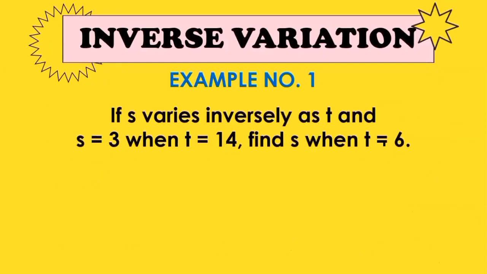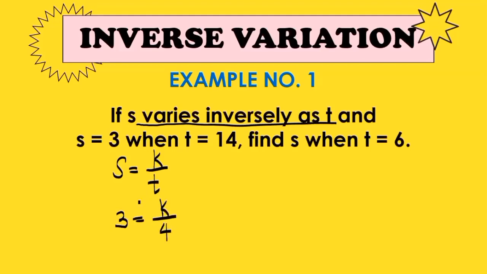If s varies inversely as t and s is equal to 3 when t is 4, find s when t is 6. Again, just like what we did with direct variation, translate this statement to a variation equation. So you'll have s is equal to k over t. It says here s is 3 when t is 4. So how do we get k, the constant?